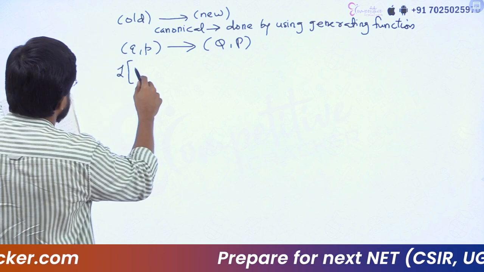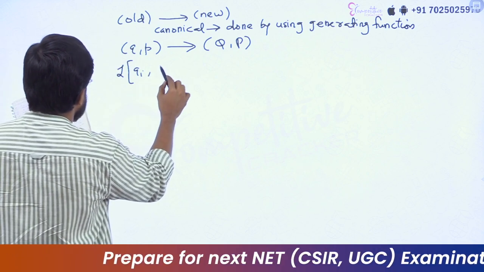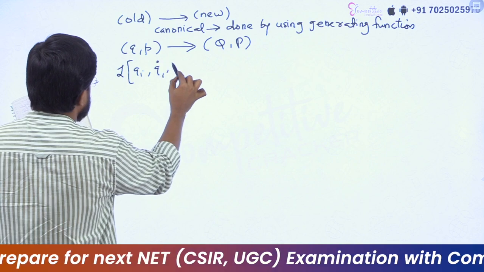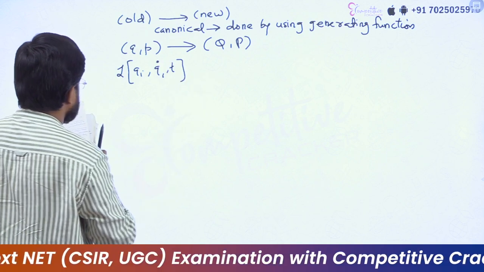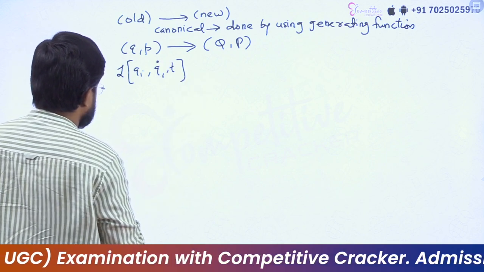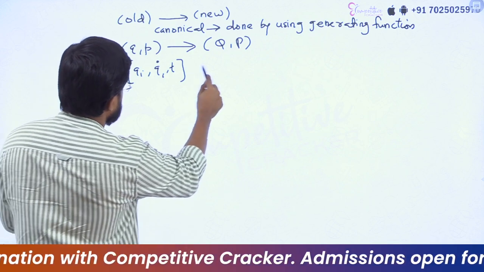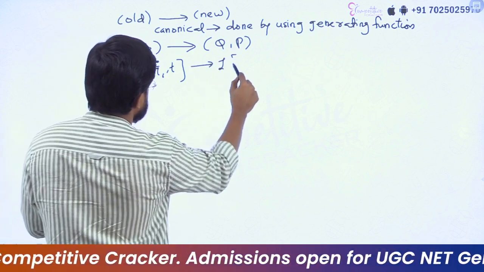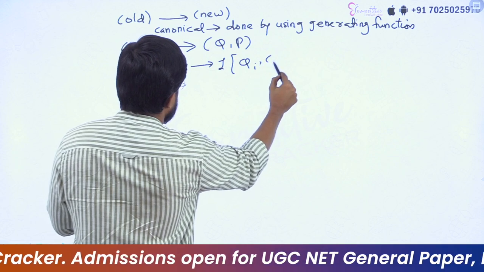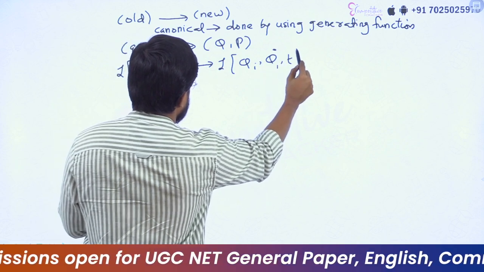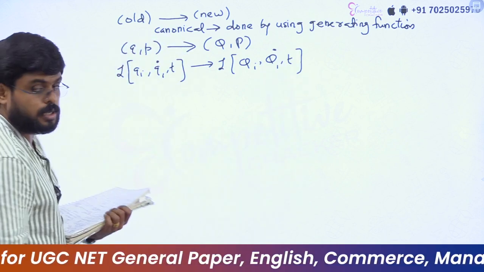Lagrangian depends on qi, qi dot and t, right? And the new Lagrangian also depends on capital Qi, capital Qi dot and t.